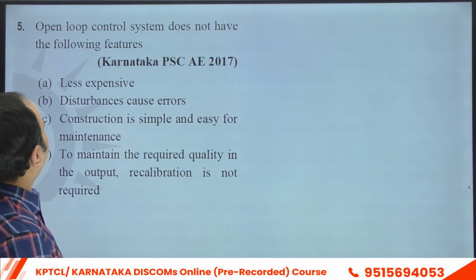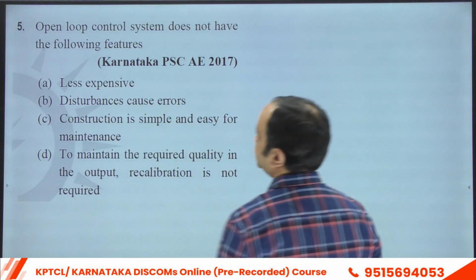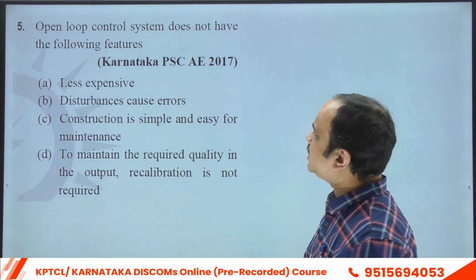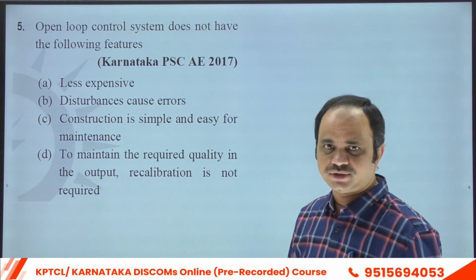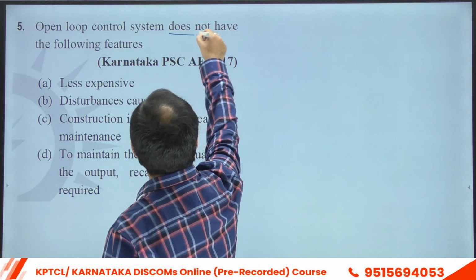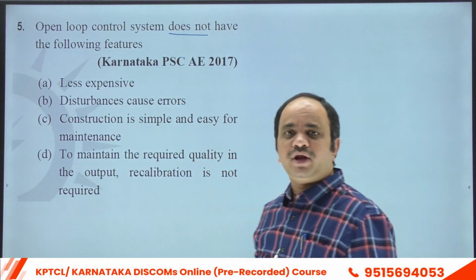Now, let us look into this theoretical question. Open loop control system does not have the following features. So whenever these types of statements appear in objective exams, be very careful.